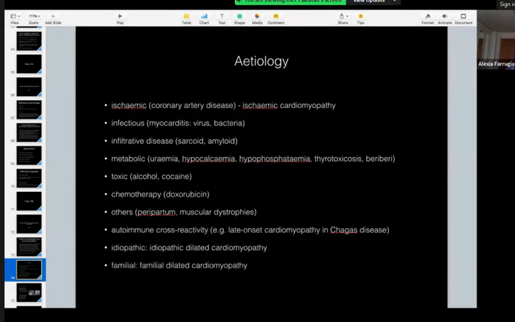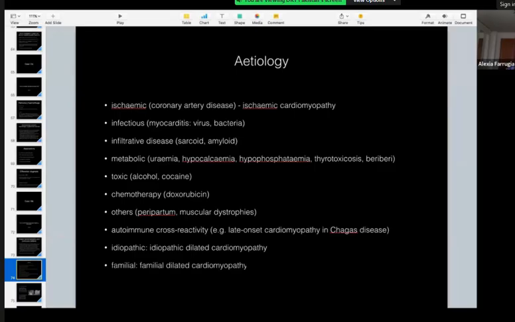Doxorubicin in particular is implicated. A couple of others like peripartum, patients with muscular dystrophies, autoimmune cross-reactivity, Chagas disease can get a late onset cardiomyopathy as a sequela of that.